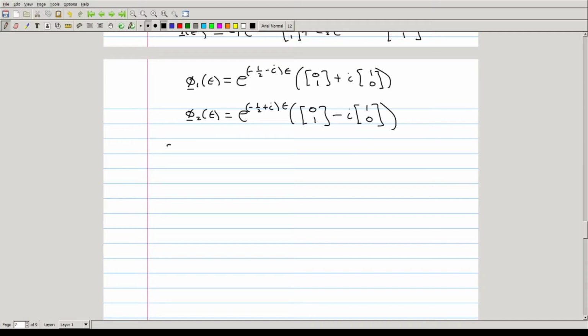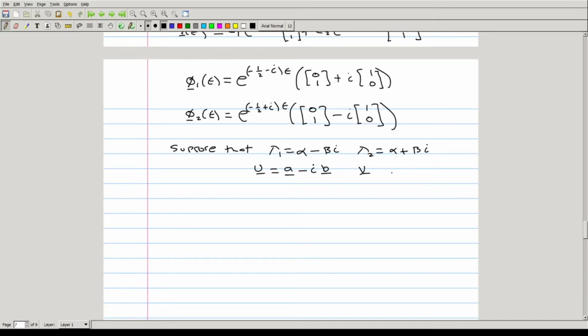Let's suppose that lambda 1 is some alpha minus beta times i, and lambda 2 is some alpha plus beta times i, and the corresponding eigenvectors u and v are going to be some real valued vector a minus i times b, for some b.